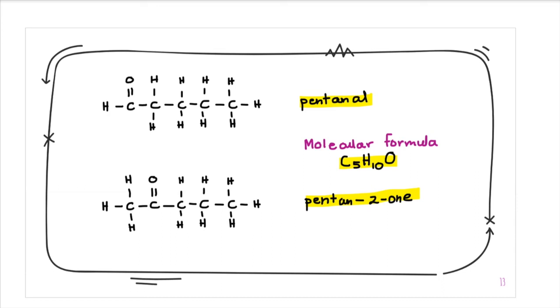But since pentanal is an aldehyde, its functional group falls onto the first carbon in its chain, while when we look at pentan-2-one, its functional group, although it looks similar, is between two other carbon atoms. It's somewhere in the middle of the chain, and therefore this is a ketone. As always, naming the compounds helps us determine what type of structural isomer we're dealing with. And since the one name ends with -al and the other with -one, we know that here we are dealing with functional isomers.